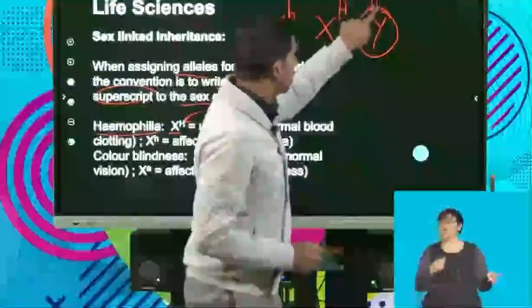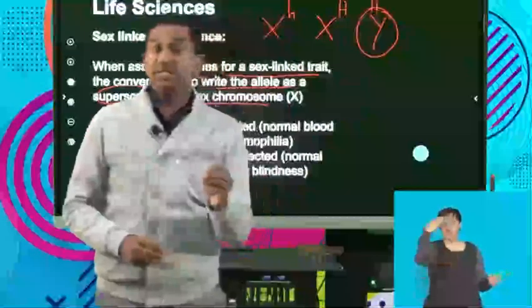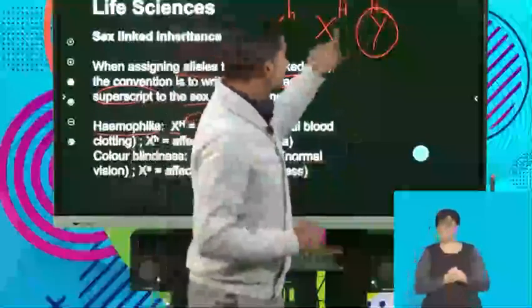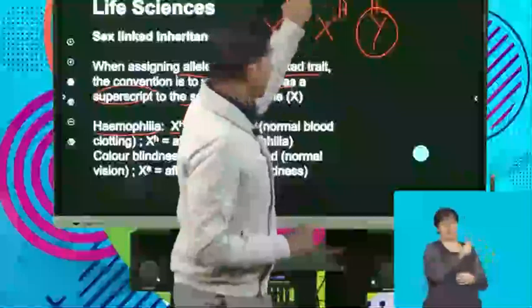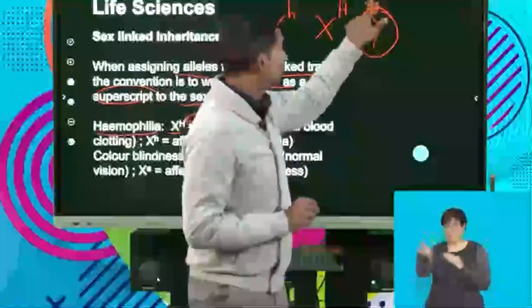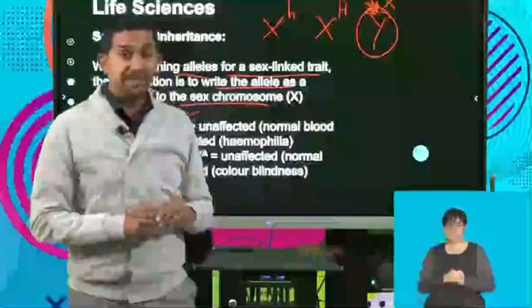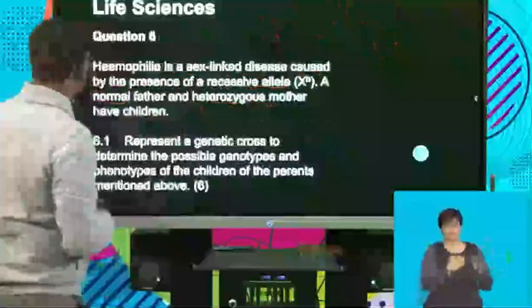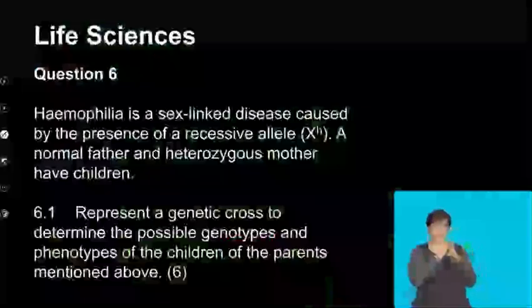Often we get learners indicating the presence of the allele on the Y chromosome, and that's wrong. It's an X-linked characteristic, so it can only be found on the X chromosome and not on the Y chromosome. That would be an incorrect way of representing sex-linked characteristics. So let's get straight into trying to work through a problem.